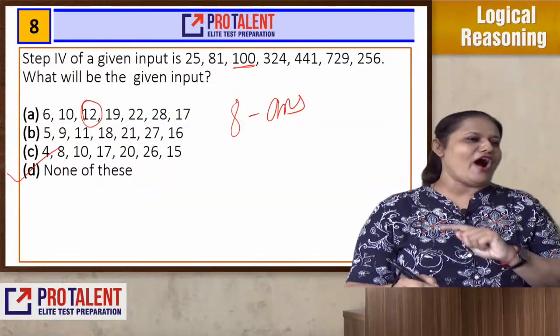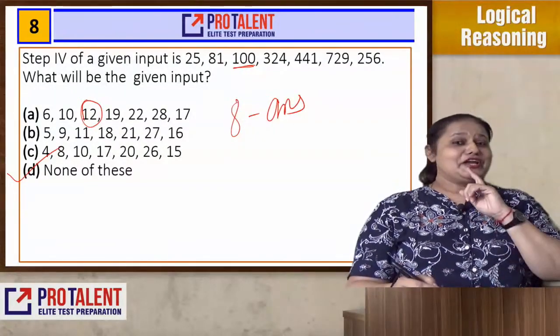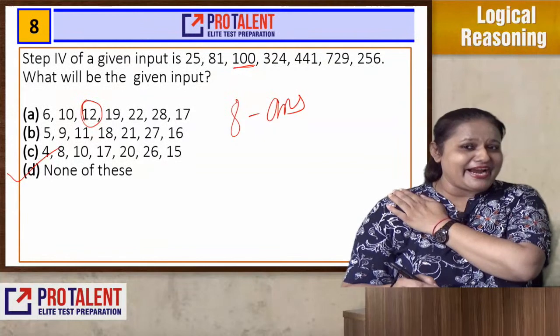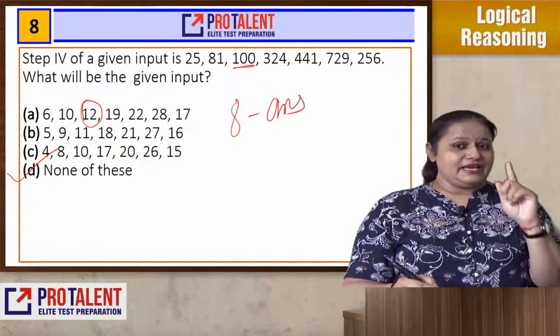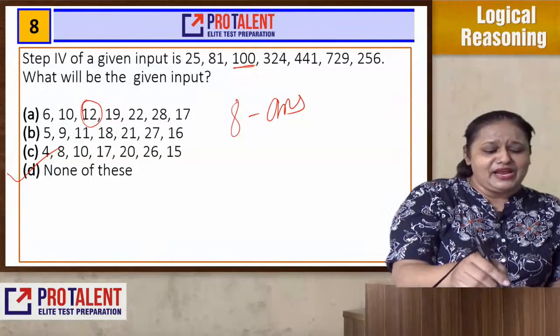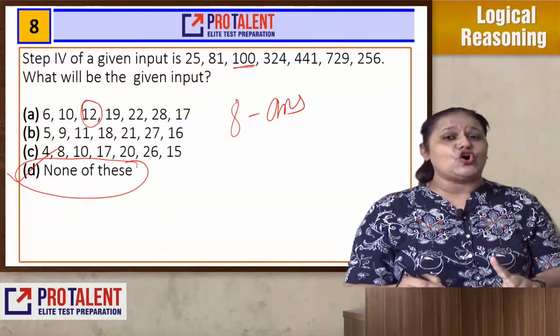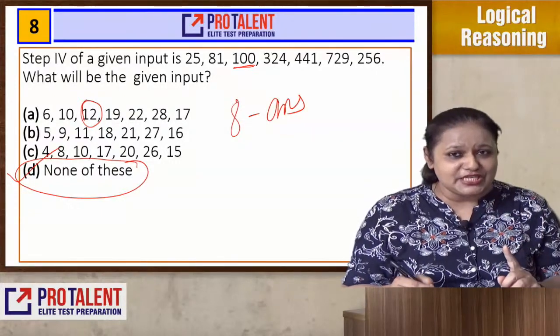See, and I think Rashi was the first. Rashi, give a big pat to yourself, right? Because see, every time I tell you, every time when one of the options is none of these, friends, don't rely on the options.